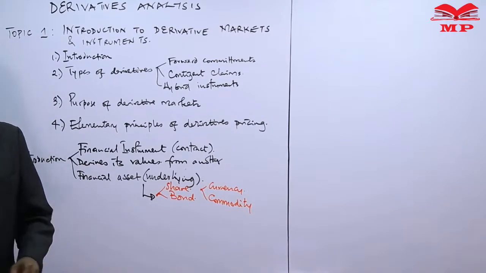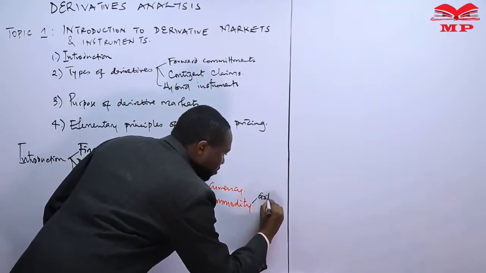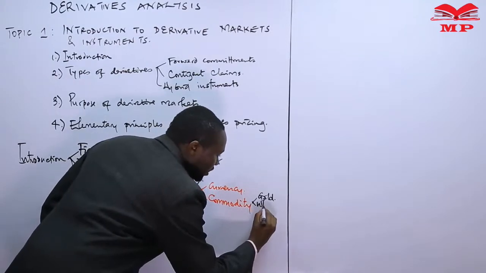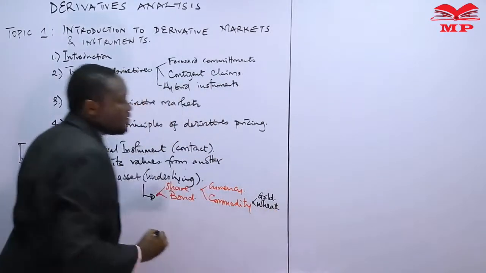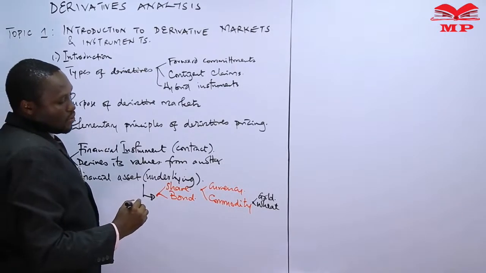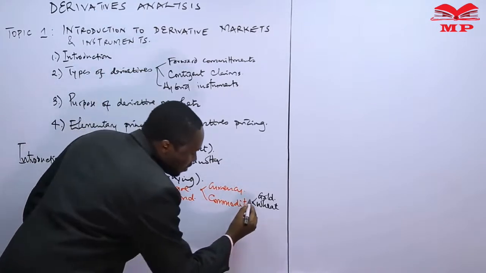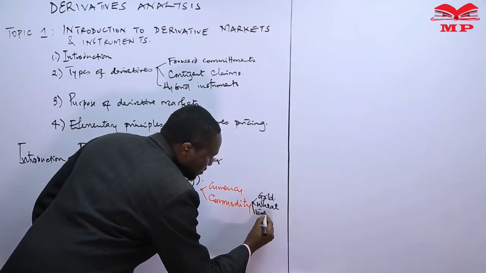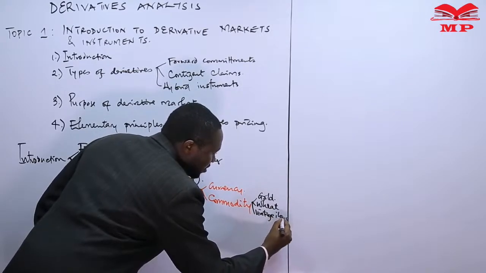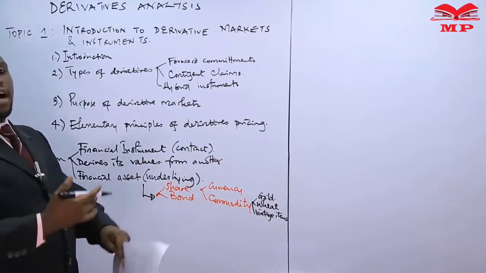A commodity is something like gold, for example, agricultural produce like wheat, or also something we call vintage items, like old stamps, old cars.